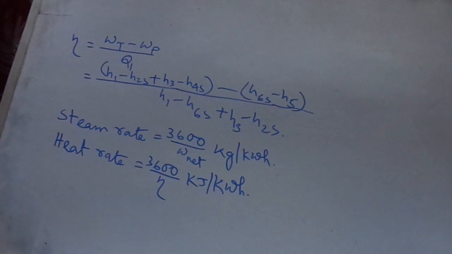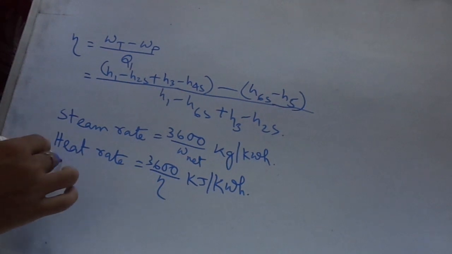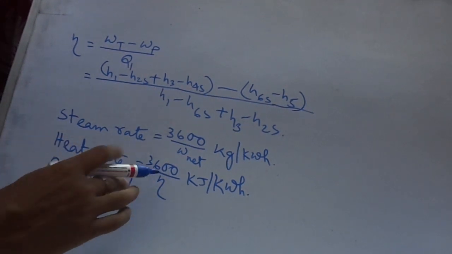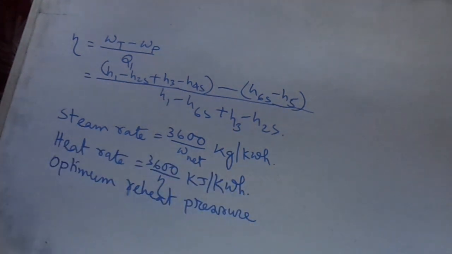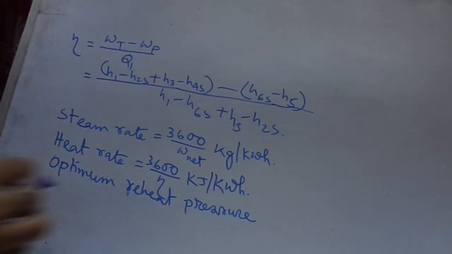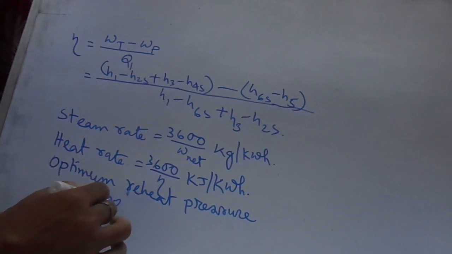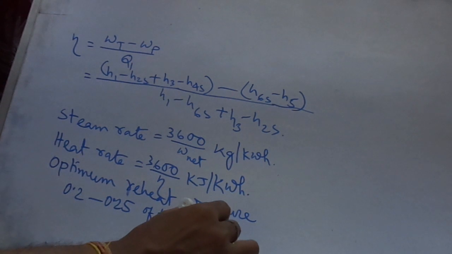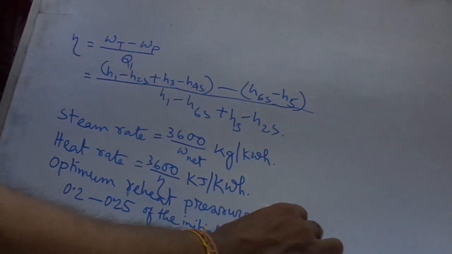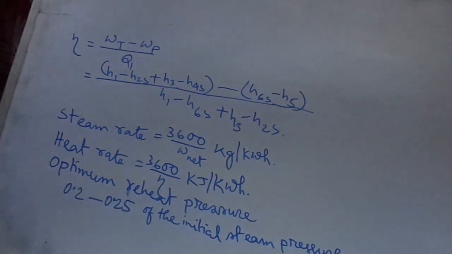Optimum reheat pressure for most of the modern power plants is 0.2 to 0.25 of the initial steam pressure.